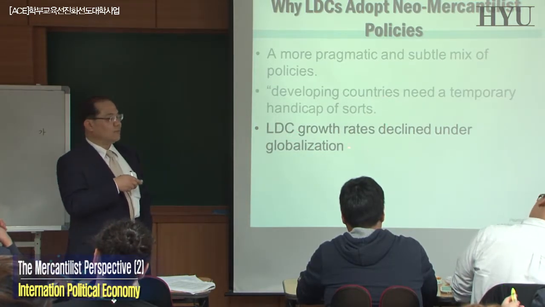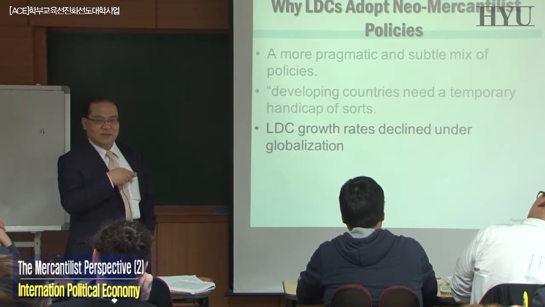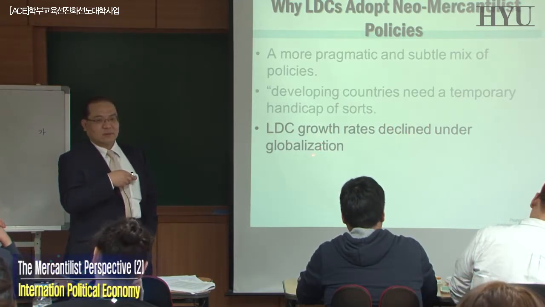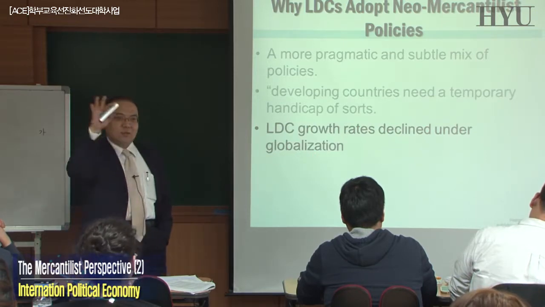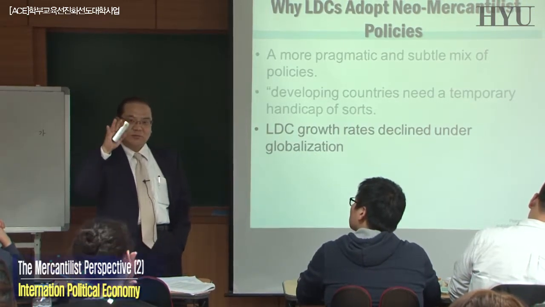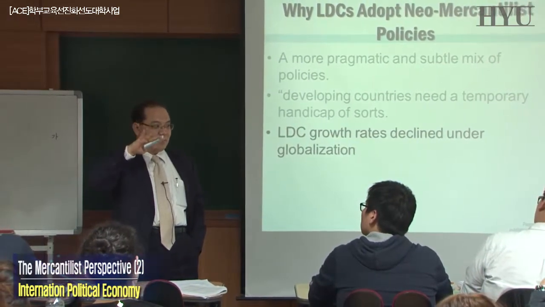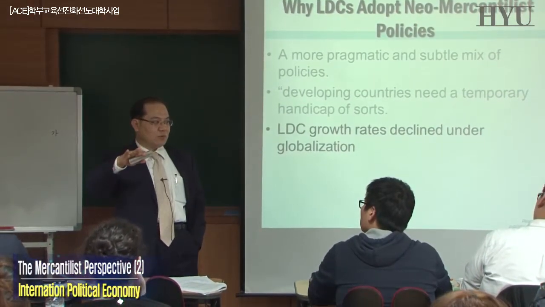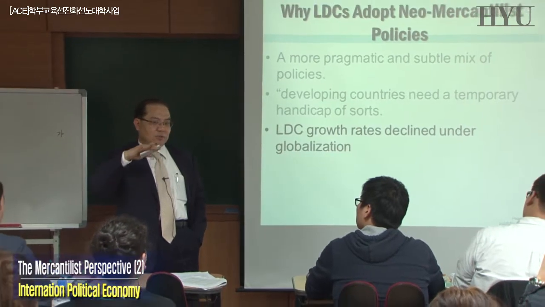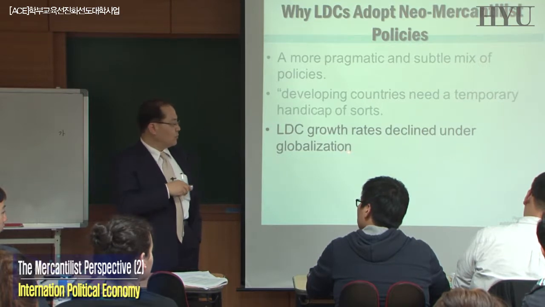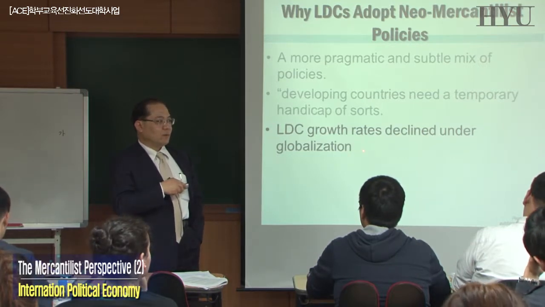You need to look at many different data to test this argument, right? In the globalization period, you have to look at the growth rates of many different developing economies first, right? And you have to really calculate it to argue this, right?